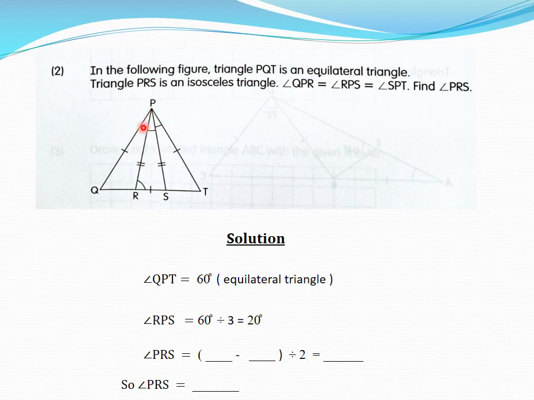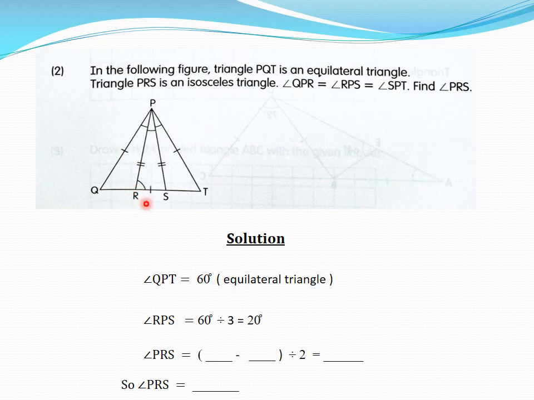So PQT is an equilateral triangle, but it combines the small isosceles triangle PRS. Angle R is what we need to find.